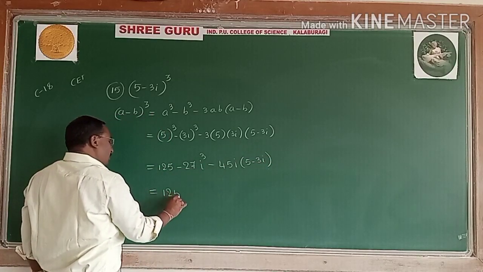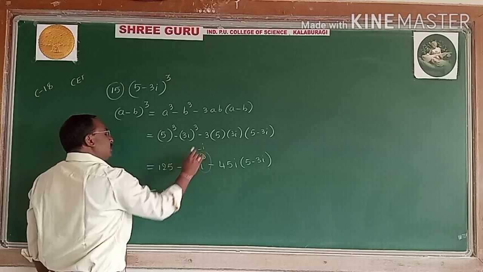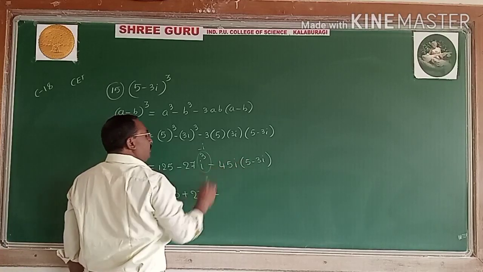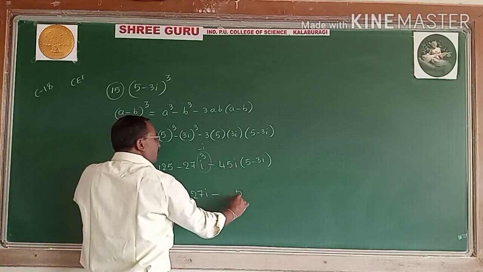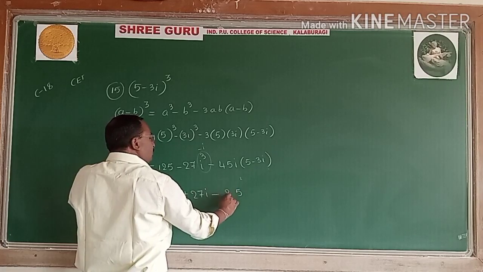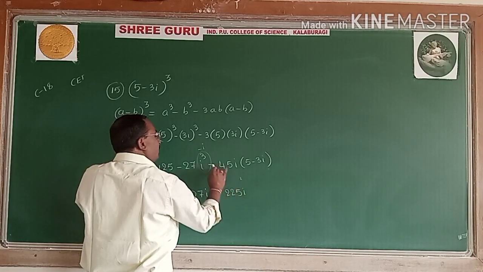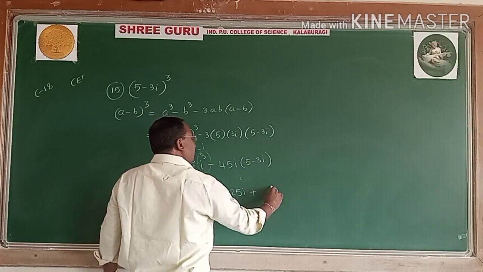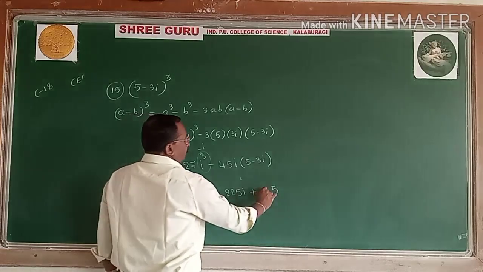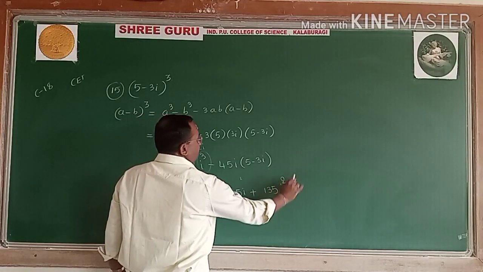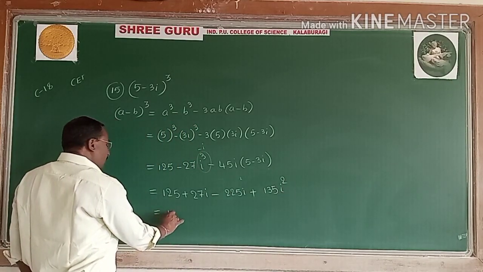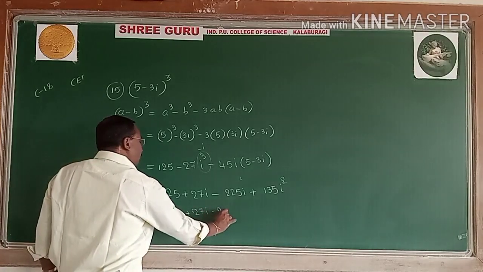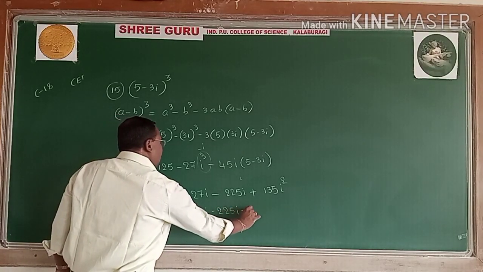So 125, i cube value is minus i, minus minus plus 27i, minus 45 into 5, 5 fives are 25, 225 times i, minus minus plus 45 into 3, 15, 135, i into i square. I square value is minus 1. 125 plus 27i minus 225i minus 135.